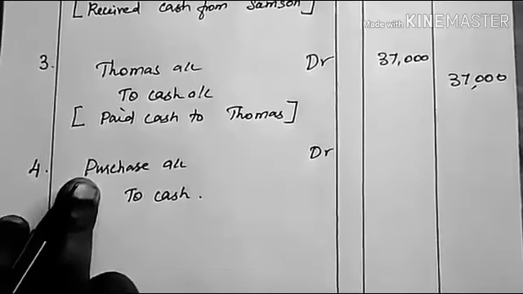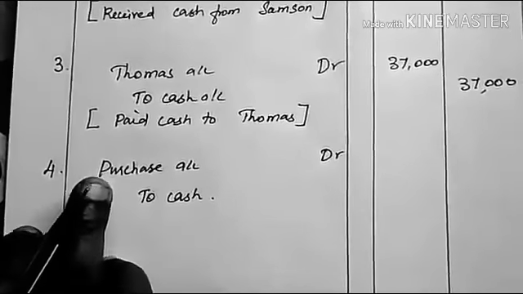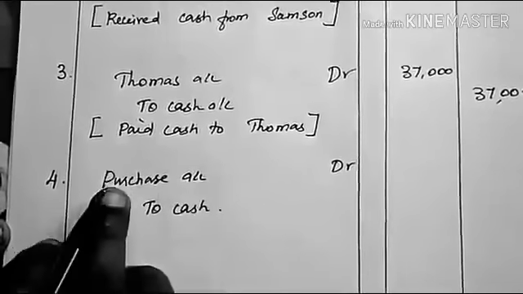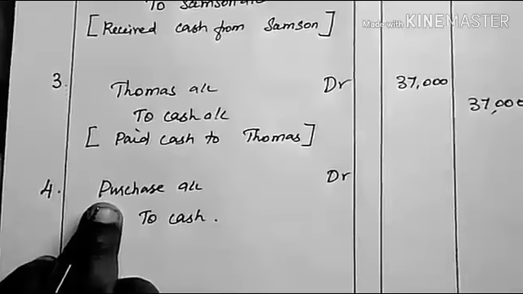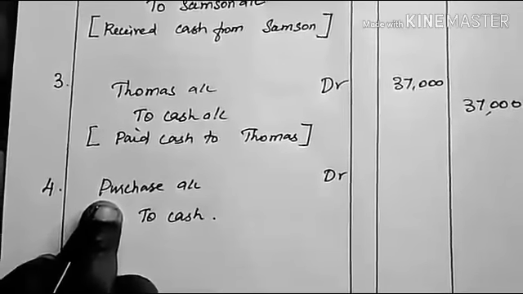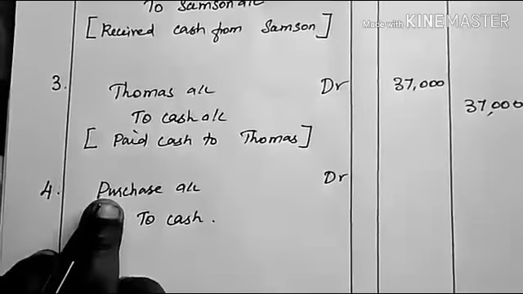Okay, when you purchase goods, what comes in? Goods comes in. But they didn't mention the name of the goods, so you have to write purchase. Purchase is a real account because all assets, cash and goods are real accounts.